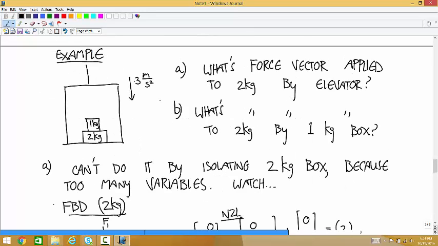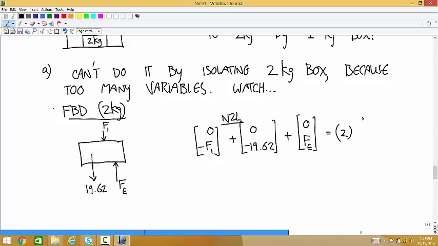The acceleration is given as 3 meters per second squared in the negative y direction. So that's 0, negative 3.